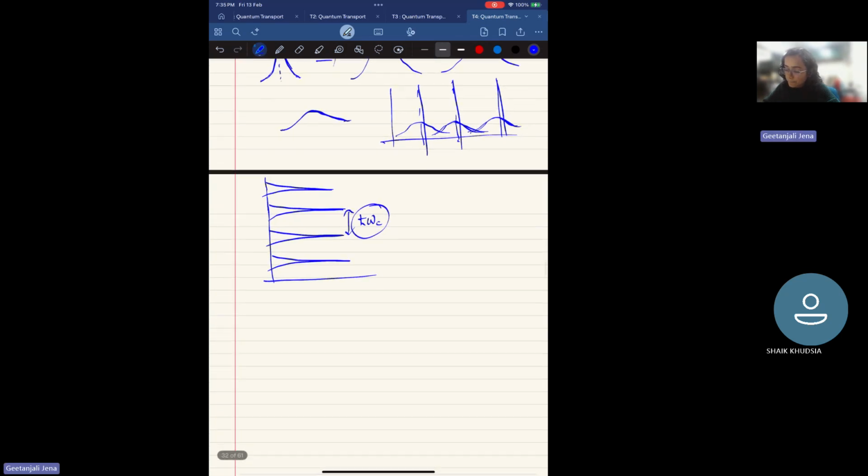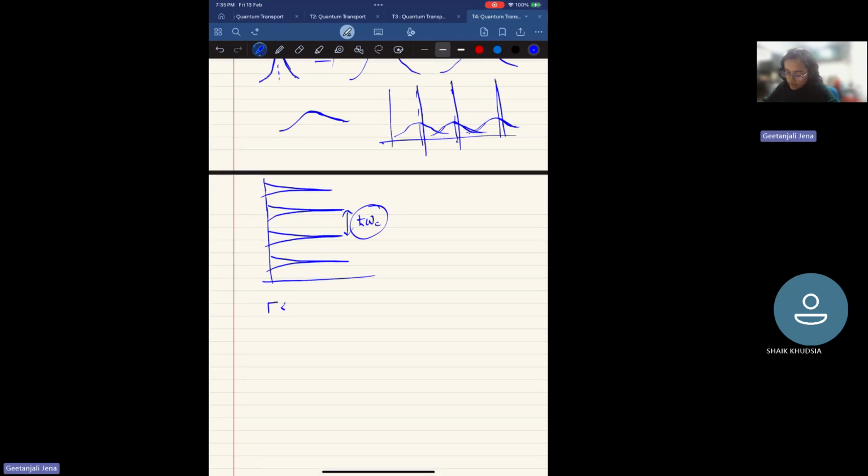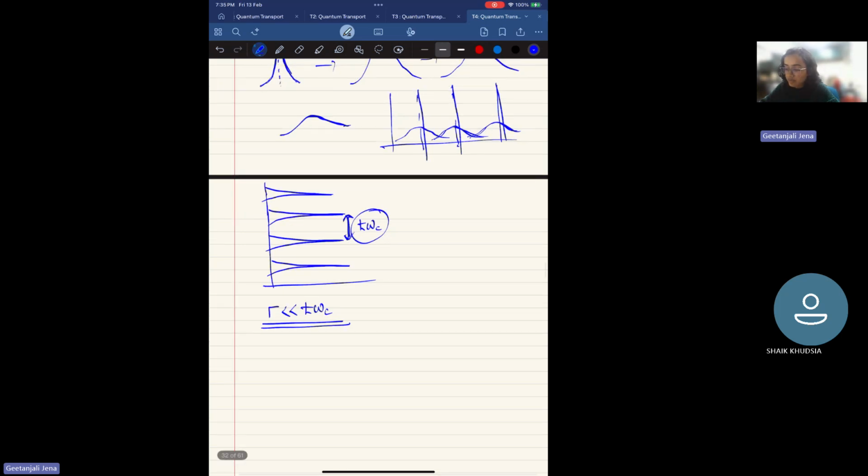Let us say gamma is much, much less than ħω_c. So gamma is very small. That means the Landau levels will be well separated. Because of this well separation, there will be a strong oscillation in the density of states and there will be a clear SdH oscillation.